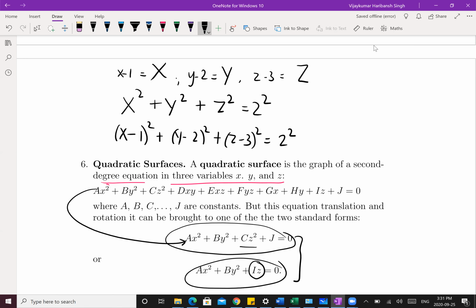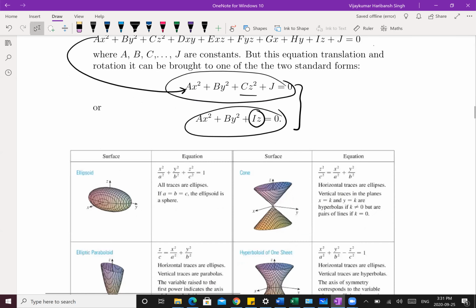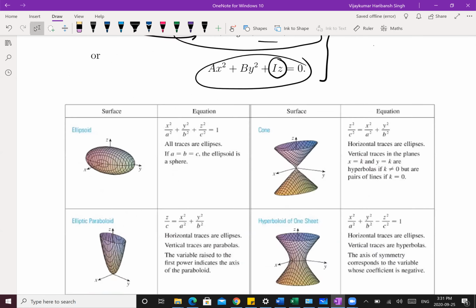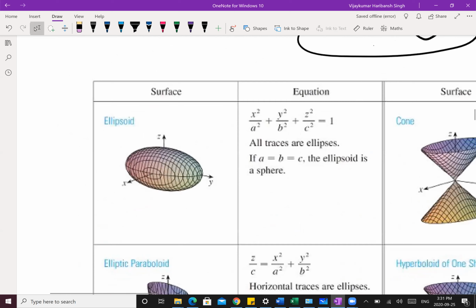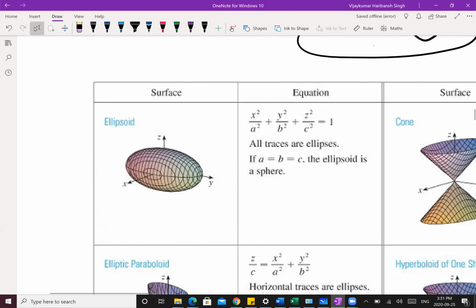So how do these objects look? One is an ellipsoid. The equation of an ellipsoid is x squared by a squared plus y squared by b squared plus z squared by c squared equals 1.